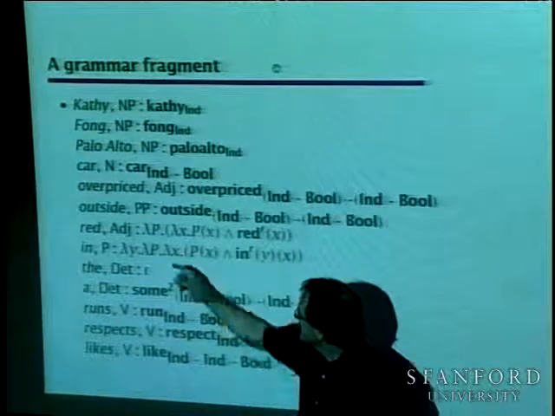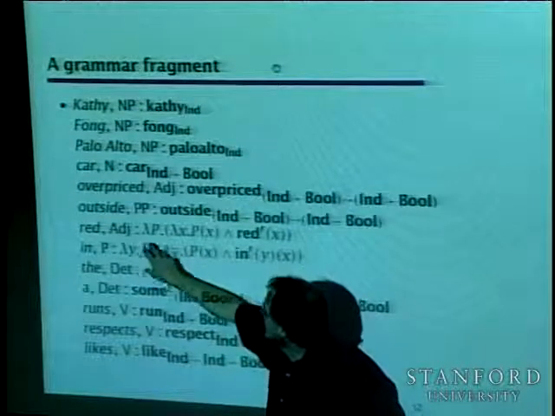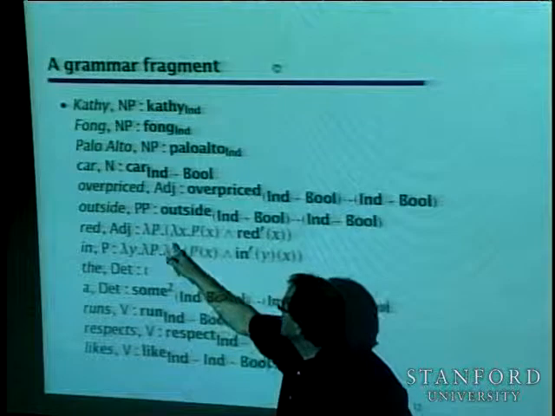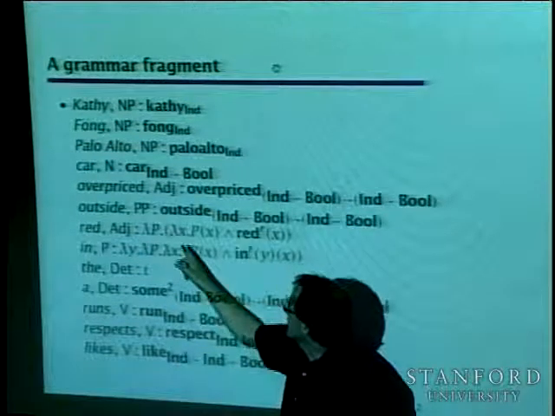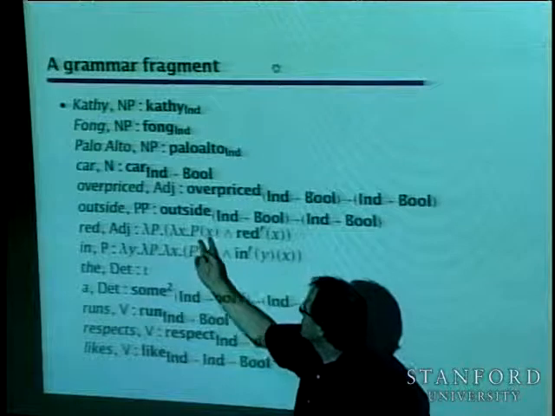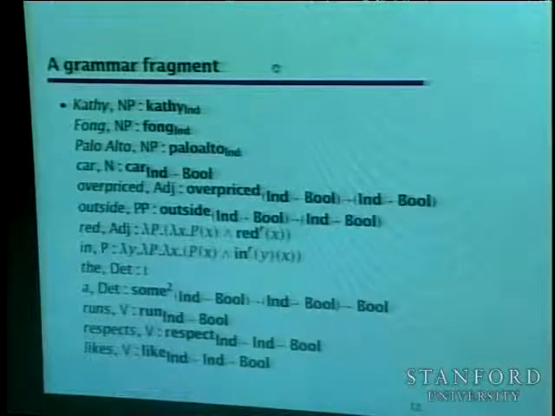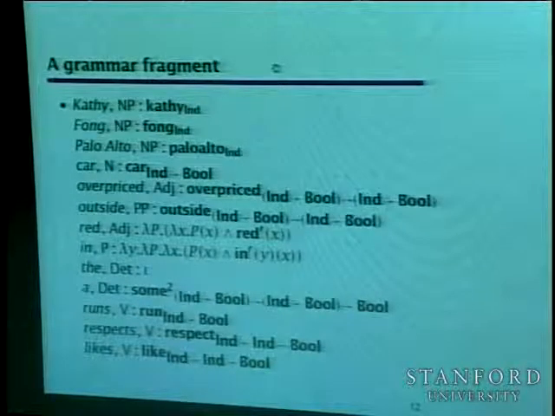So it says, okay, if you're going to make up something like red car, I take as an argument the property, and then I build as my lexical entry to return the property in which P is true of it and the red property is true of it. And so we do the clever bits of meaning combination down in the lexical entries.